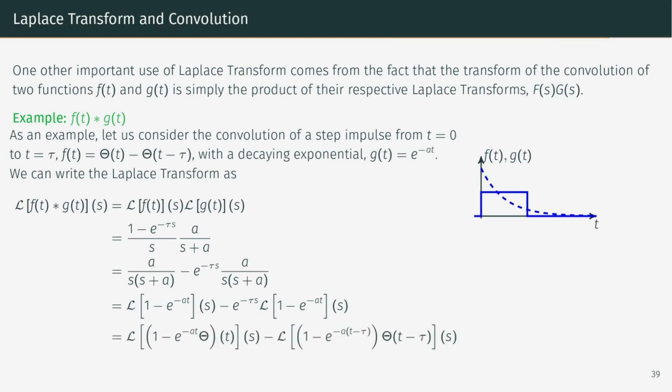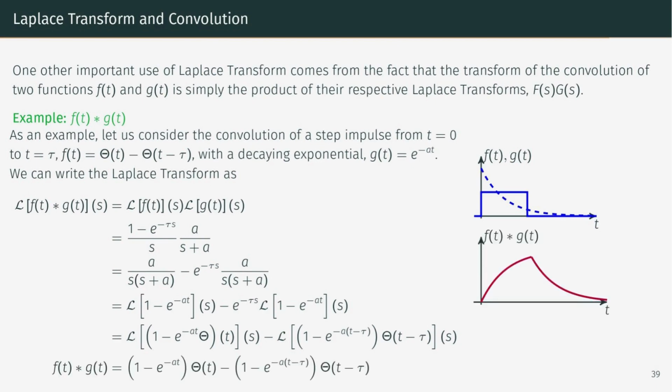And this then equals the Laplace transform of 1 minus e to the negative at, theta of t, minus the Laplace transform of 1 minus e to the negative a times t minus tau, times theta of t minus tau.